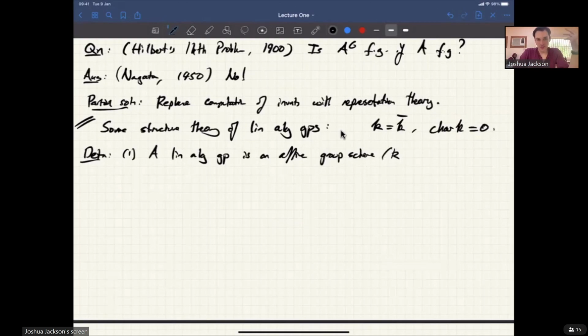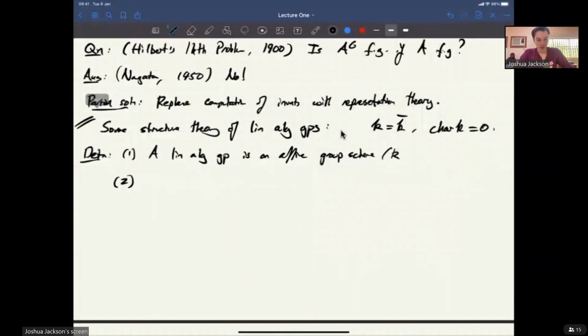A group scheme is, if you like, a group object in the category of schemes. If you don't want to think about it like that, you can just think of it as an affine variety with a nice group structure, where all the relevant morphisms that you want to write down, like multiplication and so on, are actually algebraic morphisms. Okay, so that's the basic type of group that we're going to be talking about.